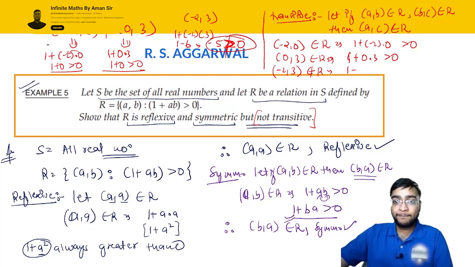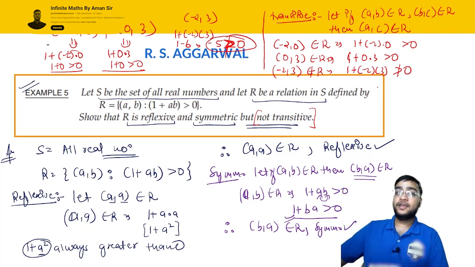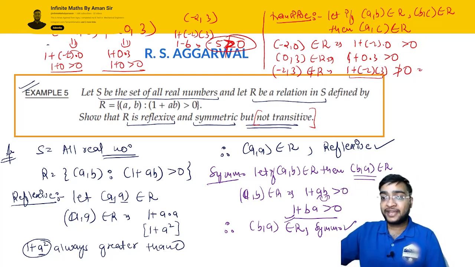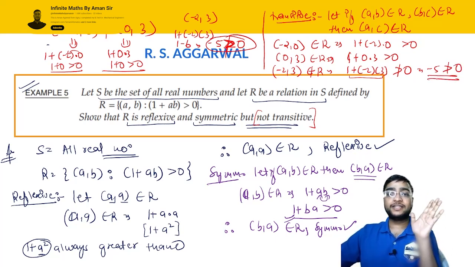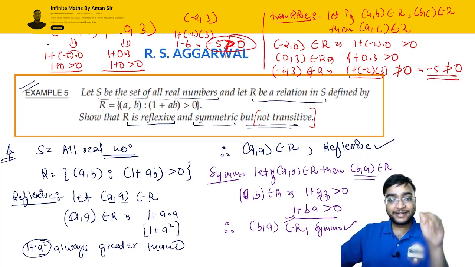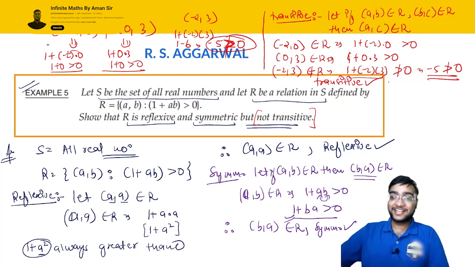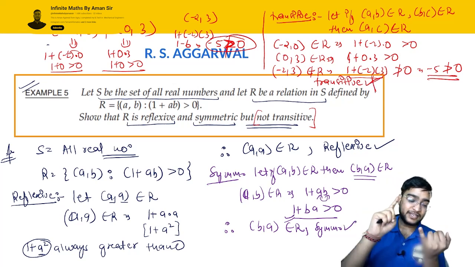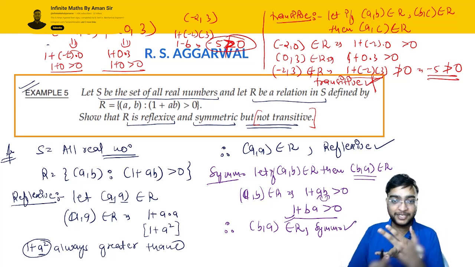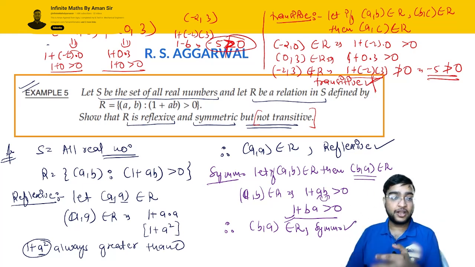Because 1 plus -2 into 3 is -5, which is not greater than 0. So this is not my transitive one. So I can easily show that this relation is reflexive, this relation is symmetric, but not transitive, okay sir.